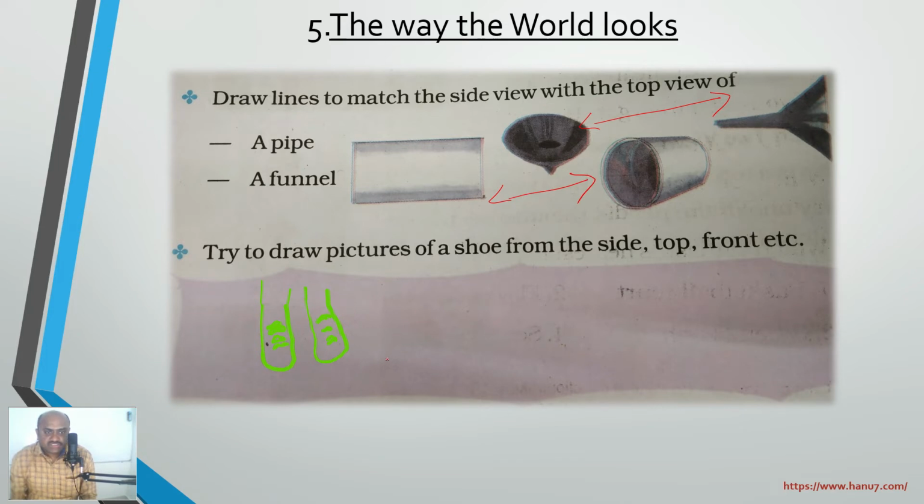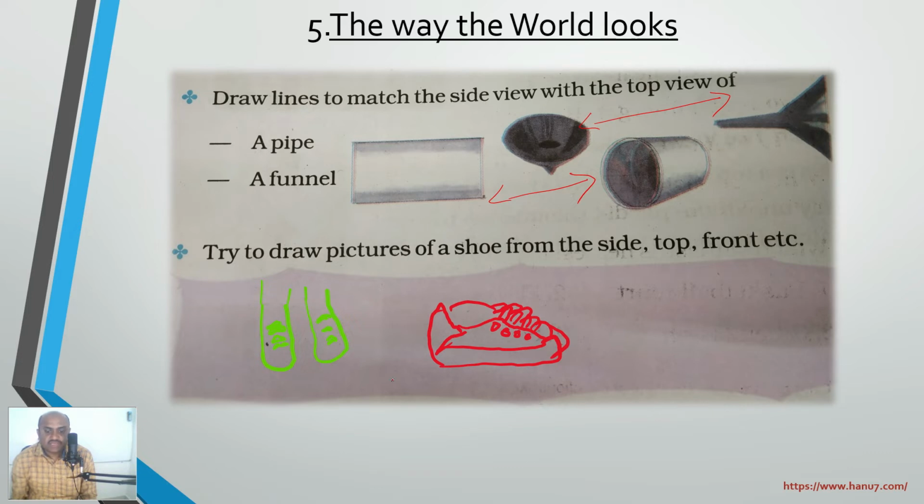Yeah, the next question is to try to draw pictures of a shoe from the side view, top view and front view. So this is the top view of the shoe, and next comes the side view of the shoe.